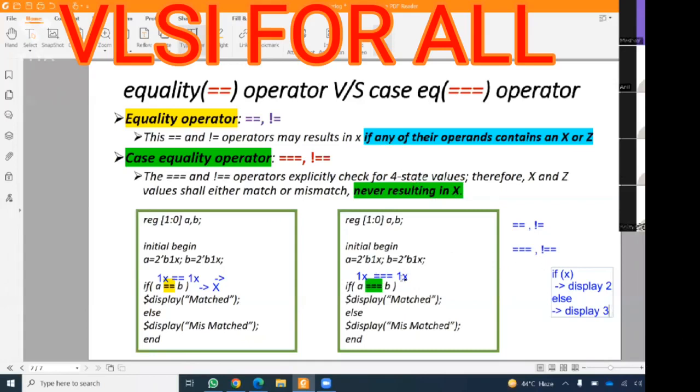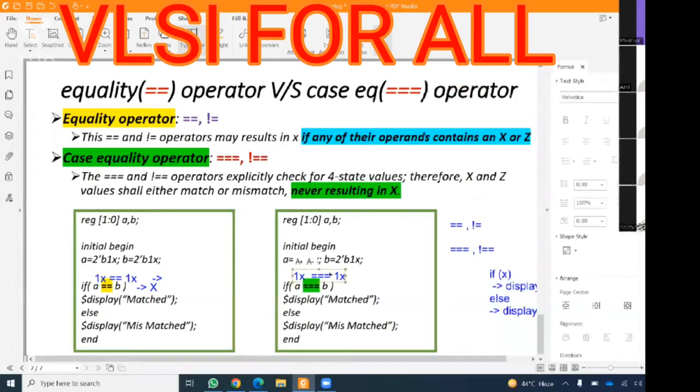Sir, how is 1X matched to 1X? It can mean a different bit. No, that is what this case equality operator is doing, right? It compares 1 with 1. Okay, matching. It compares X with the second bit of the other. It matches. This is what the case equality operator does.